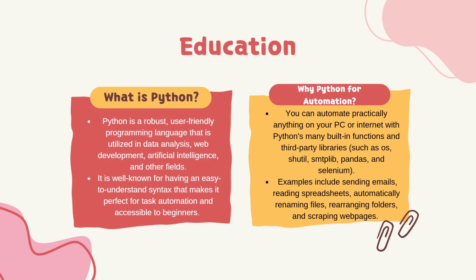Couple of these libraries are also built in. So I'm going to show you all of the steps how you're going to set up Python and also an IDE before getting started with this whole course. The examples include sending emails, reading spreadsheets, automatically renaming files, rearranging folders, and scraping web pages.